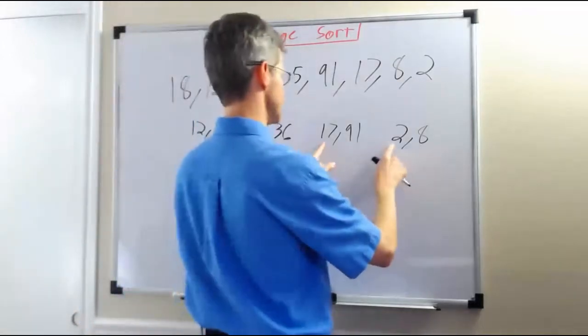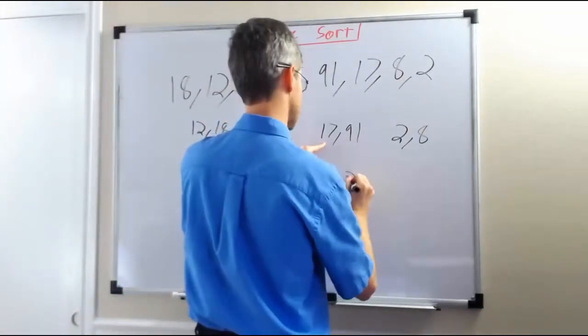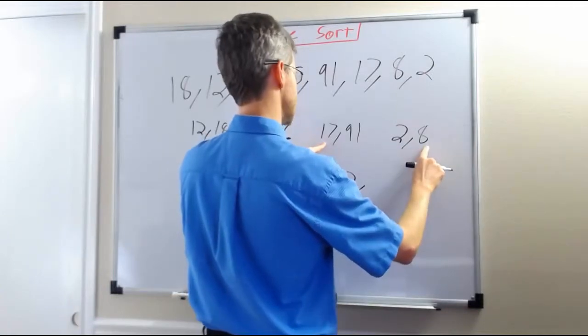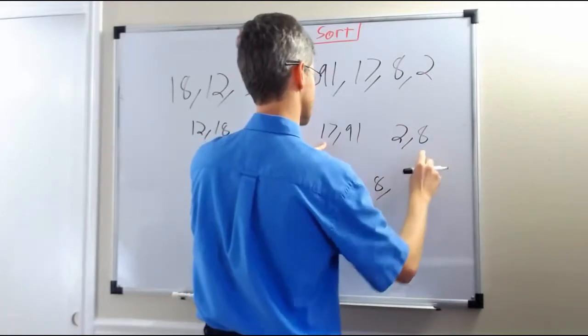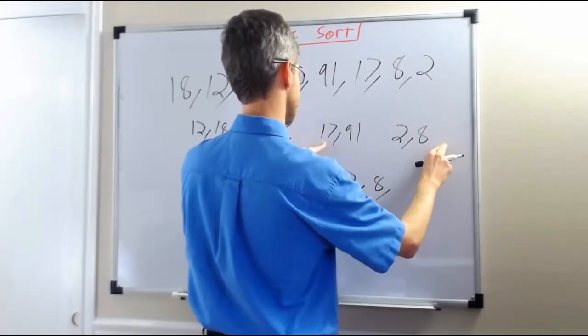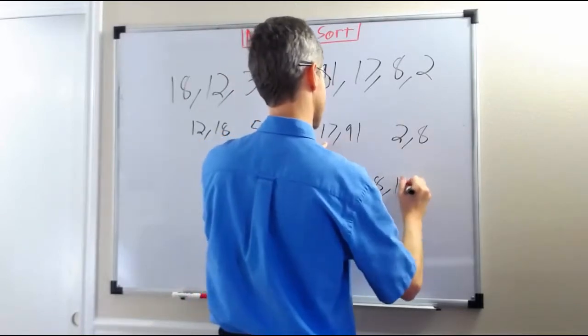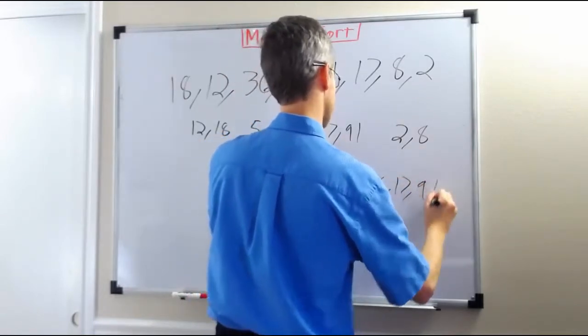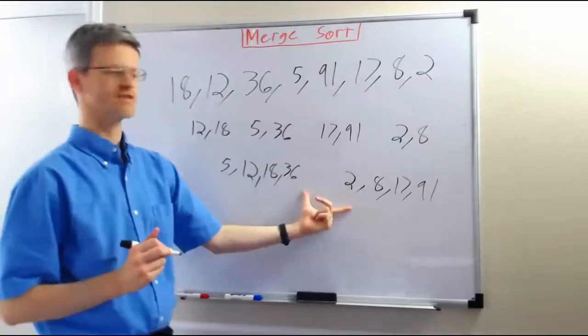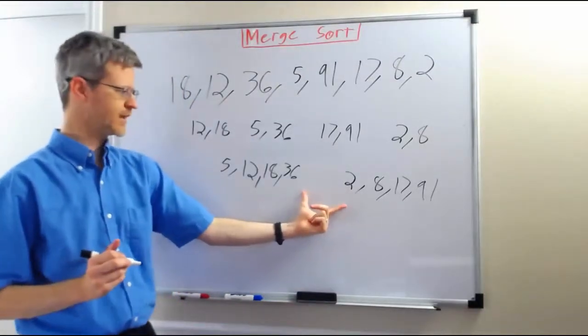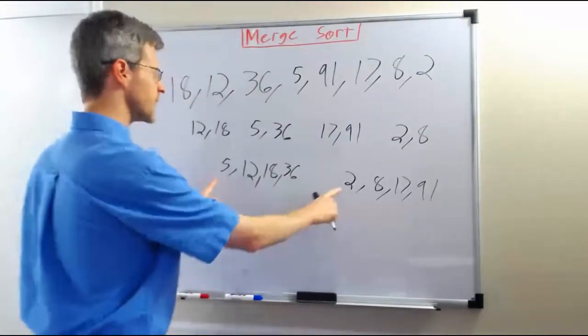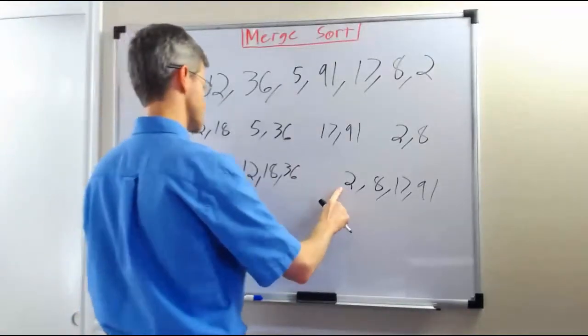Now we're going to combine these two lists, 17 and 2. So we take 2, then of 8 and 17, we take 8. Then this list is exhausted, so we just copy the rest of this list, 17, 91. Now we've got two lists of length 4, each of which is already sorted. And now we combine those with our merge operation again.